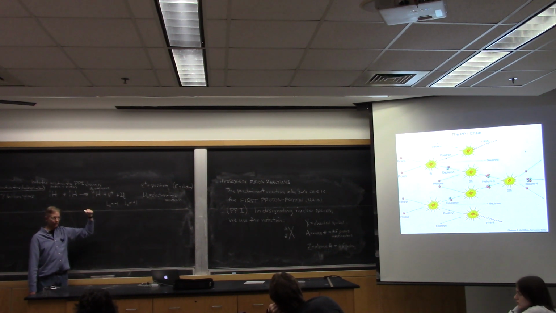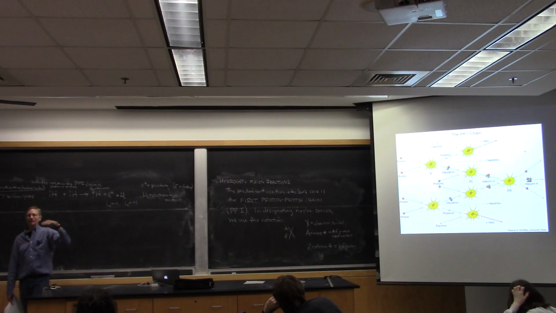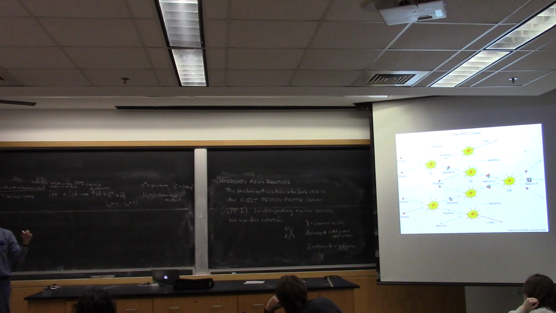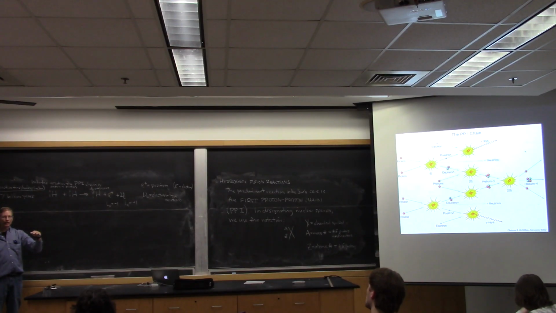So electric charge is conserved, lepton number is conserved, so is baryon number. Protons and neutrons have baryon number +1, both of them. That essentially means that the total number of baryons minus the total number of antibaryons is the same on both sides of a reaction.